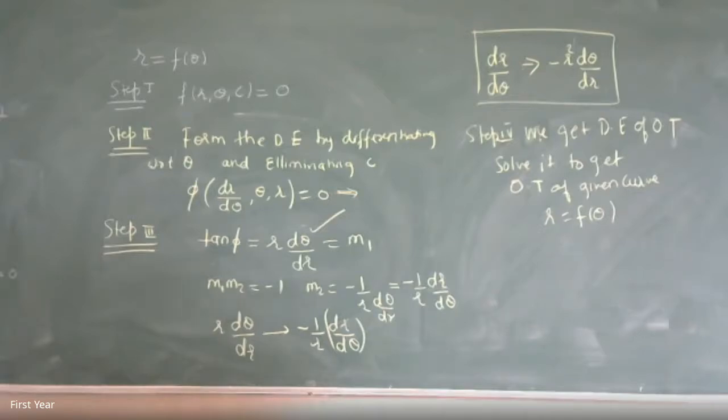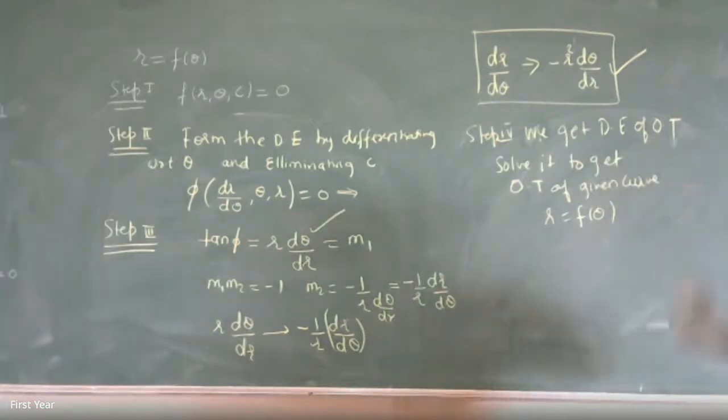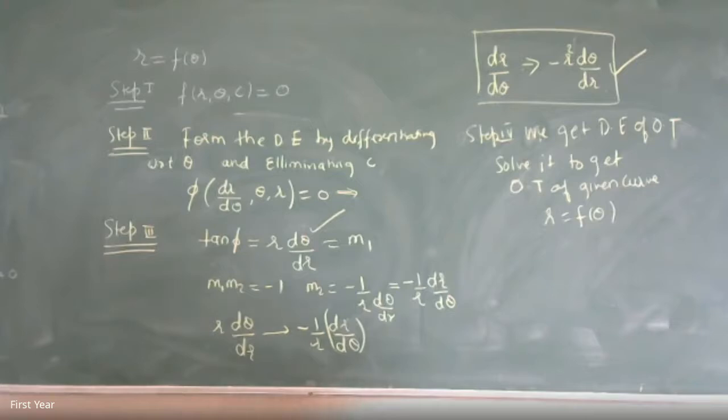But here it is not direct replacement. Dr by d theta has to be replaced by minus r square d theta by dr. Then we get the differential equation of orthogonal trajectory. Solve it. That will be the orthogonal trajectory of curve r is equal to f of theta. Is it okay? Please write down the steps quickly.